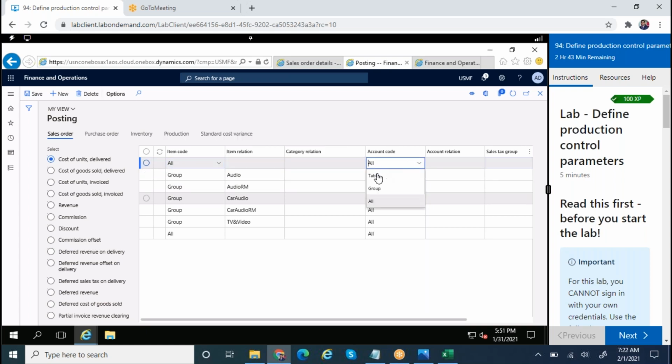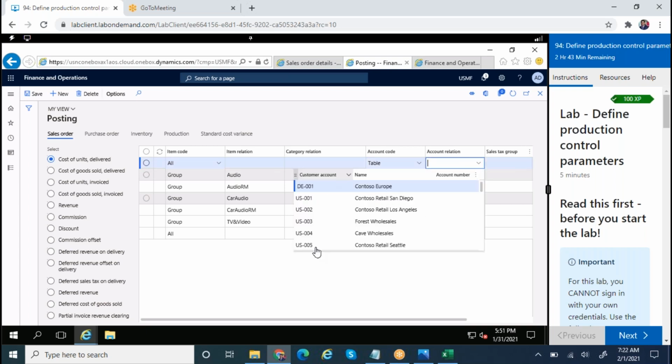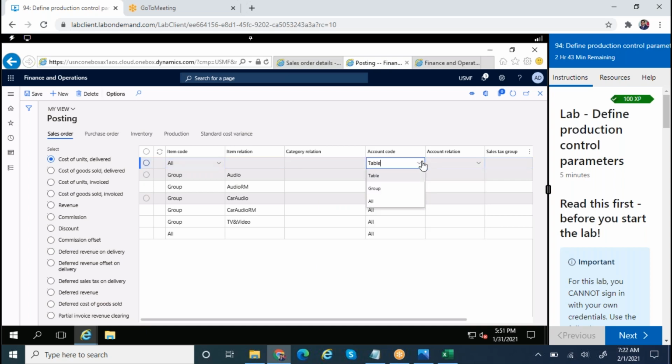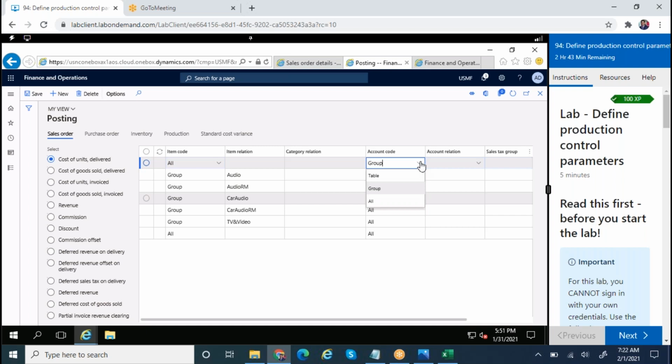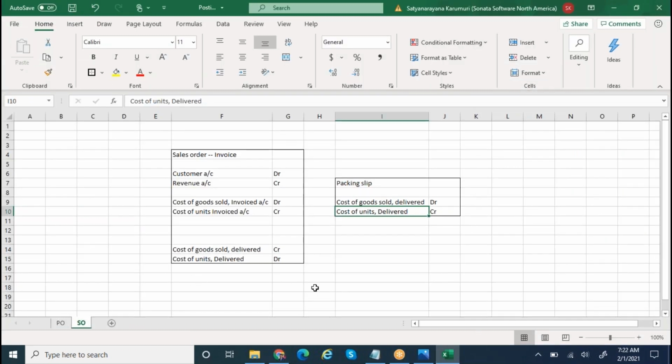Next, customer, customer group, all. Many combinations. Okay, we are going to discuss this. So what does it mean?